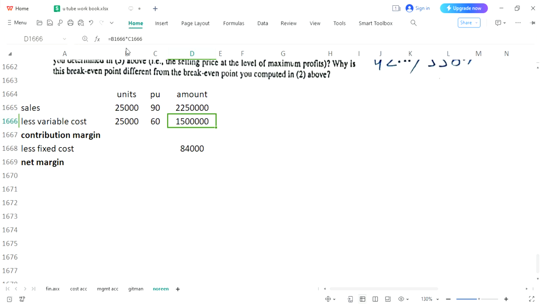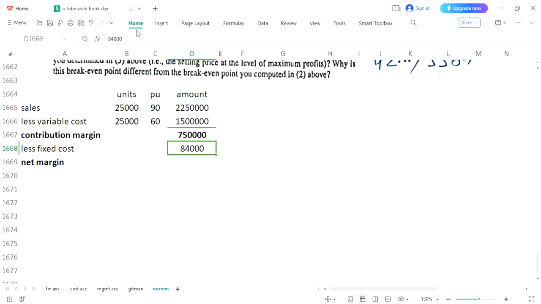Now you can calculate your contribution margin, which is the difference between sales and variable cost. The amount of sales is 225,000, and to calculate the difference you subtract variable cost. We have got the contribution margin.